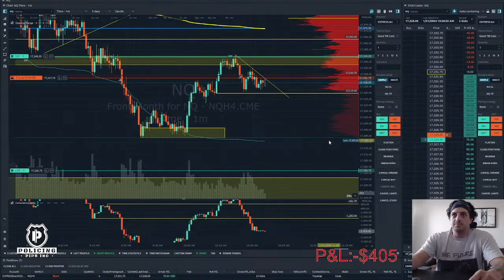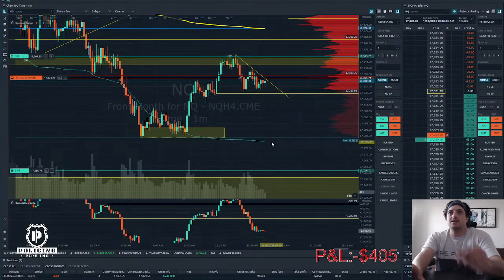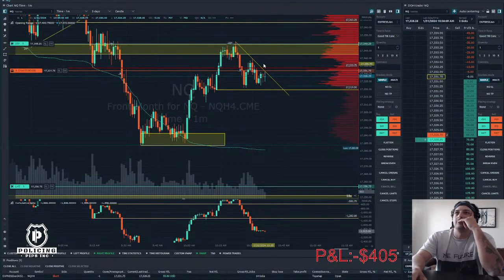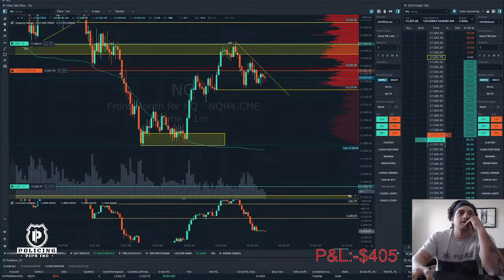This is just a patience play here. If I was being aggressive, I would add to the bottom of this. Add a second contract to the bottom of this to rotate it down. Let's go. Come on.